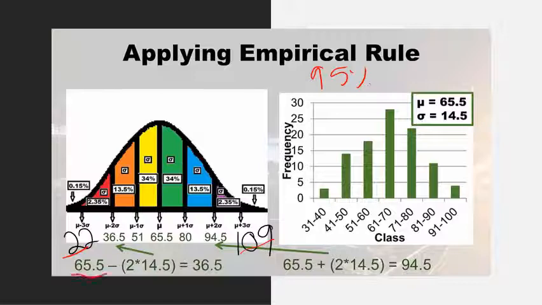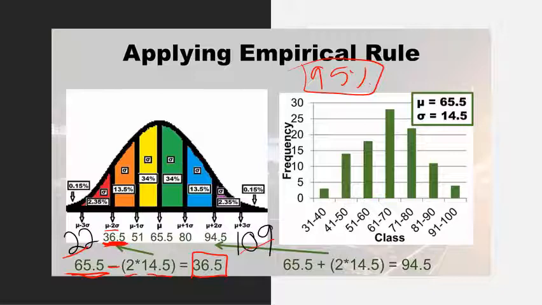We take our mean, subtract however many standard deviations we're doing, which is 2, multiplied by the standard deviation. We work our math out and get 36.5, our lower limit for 2 standard deviations, or our 95% range.